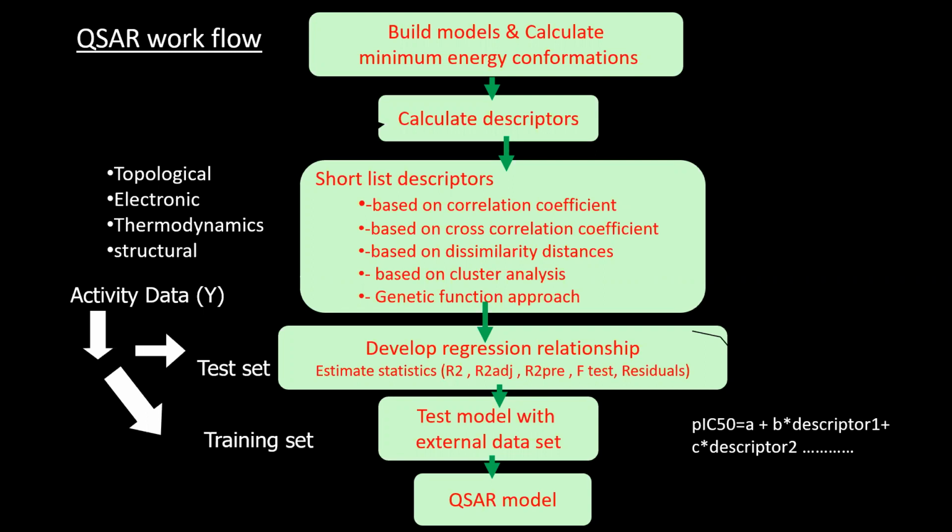And then look at all the statistics which I showed: R square adjusted, Q square, F value, P value. From that, you will know how good the fitting is, what is the statistical significance of the fitting, all those things. You might have studied this in regression analysis a long time back.